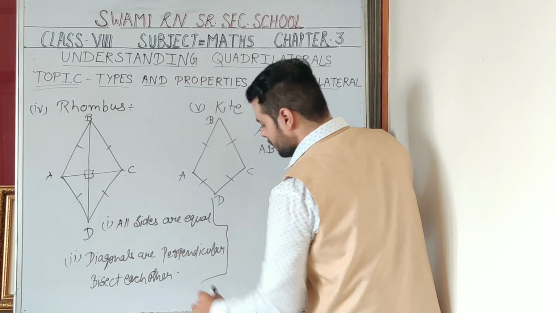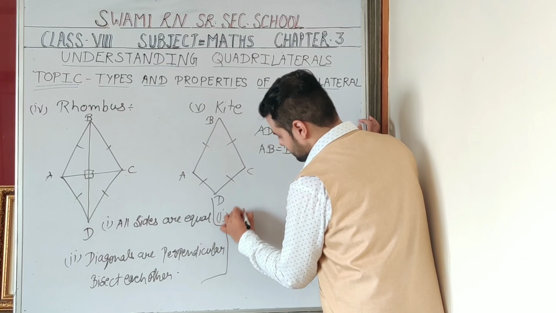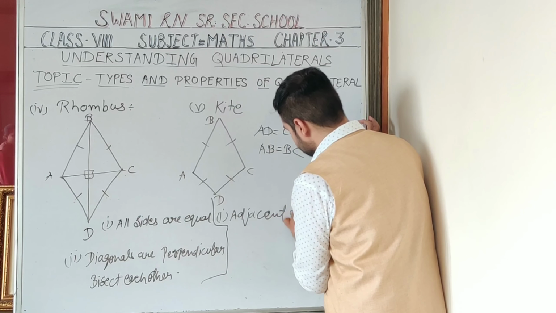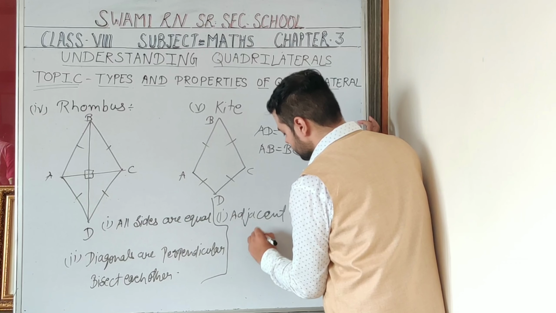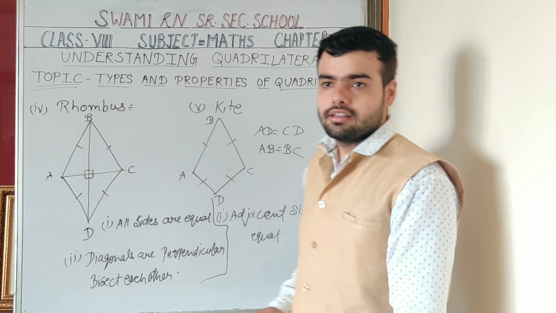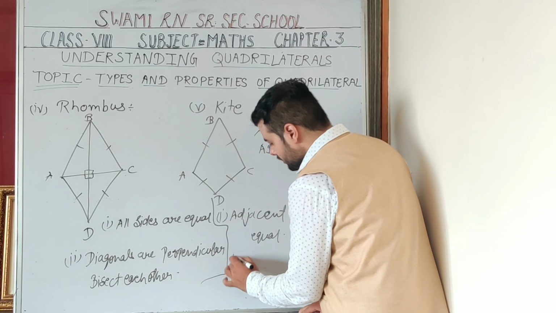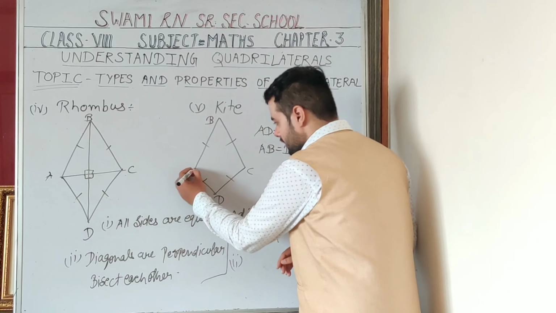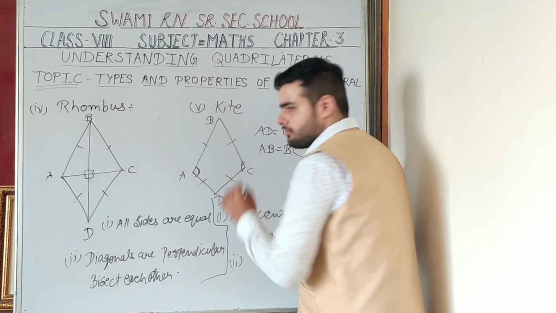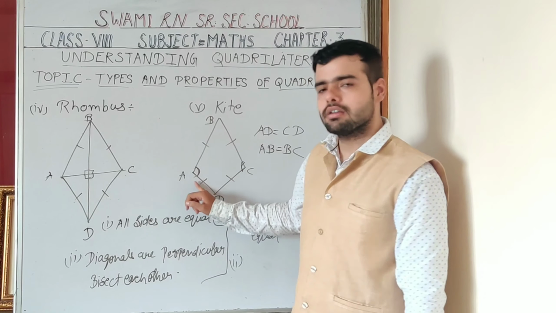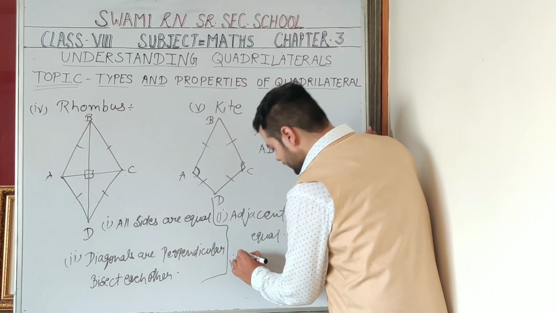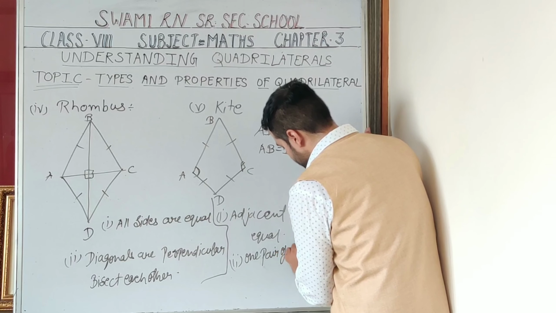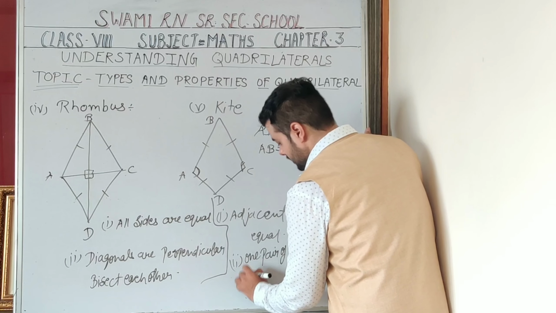We will write the first property here: adjacent sides are equal. Okay students, now we will take the second point. In a kite, we can say that these two opposite angles are equal, but only and only one pair of opposite angles is equal.